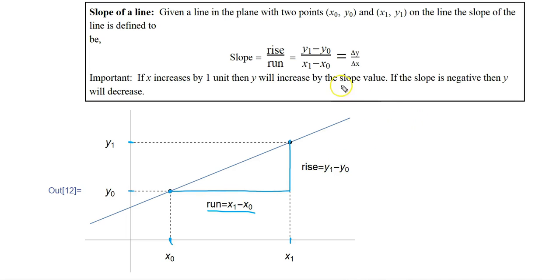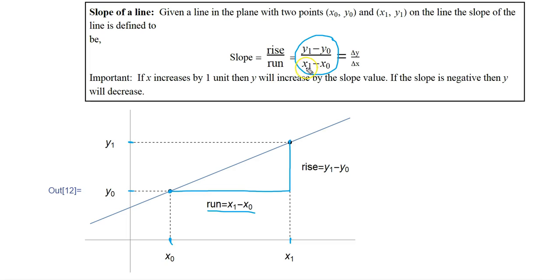Now, it's also important to note that if you look at this definition up here, when we go y1 minus y0, we have to go x1 minus x0 in the denominator. It doesn't matter if we went y0 minus y1, but if we did that, then we would have to keep the same ordering in the denominator.